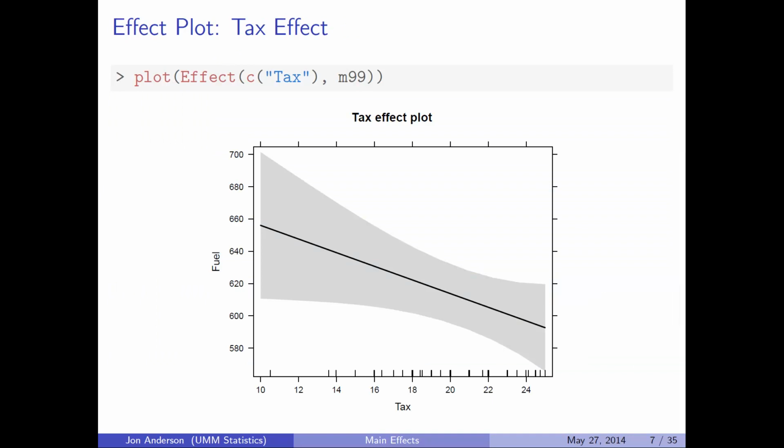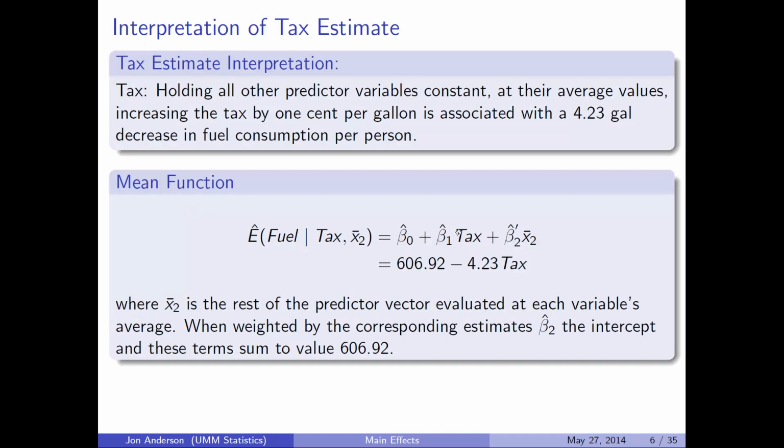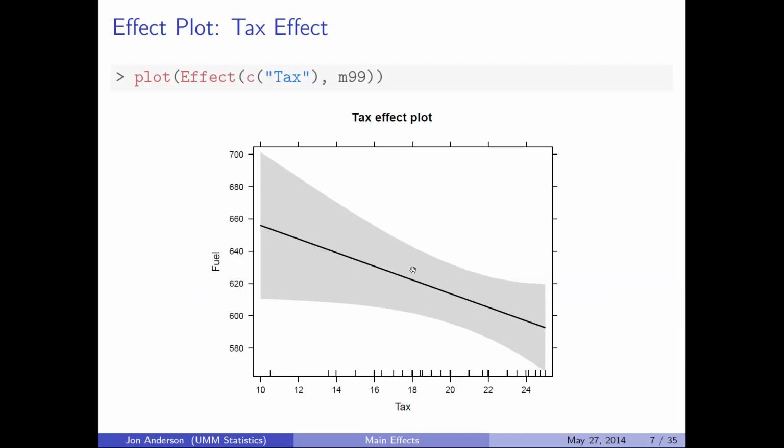You could visualize that with the effect command from the effects package, and you could plug in a model, our M99 model, and the coefficient that we want to examine, tax, and this is a visual representation of what we see here from this estimated mean function. We see an intercept of 607 gallons per person, nearly, and then we see the negative slope with respect to tax.